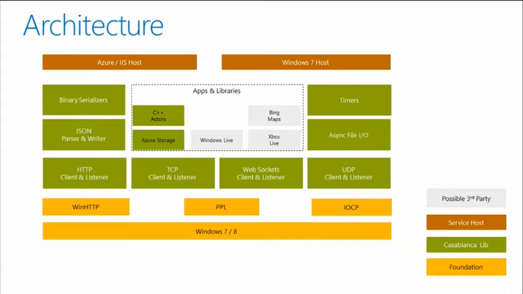And around all of this, on top of all of this, are hosting environments. IIS, for example, is one of the environments that Casablanca fits into. We obviously sit in Azure. That's largely the point of Casablanca, to be an Azure SDK. But you can also run it just on Windows 7 or Windows Server 2008 R2.